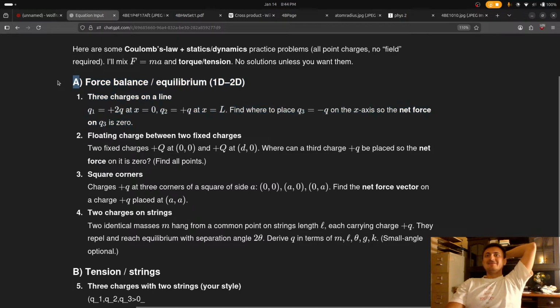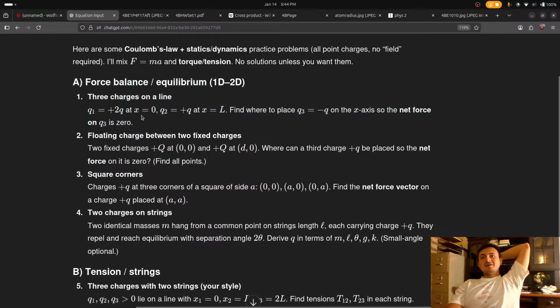Why did it give me, okay, well, two fixed charges.